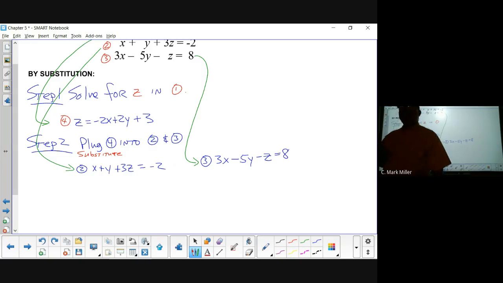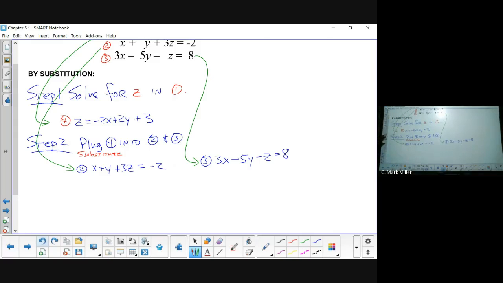There's a psychological thing about dropping negative signs. So up here, you see these negatives? Be sure down here you carried all of your negatives. So equation 2 only had the negative there. Equation 3 has negative 5y and negative z. Negatives tend to drift into positives, especially if they are a leading negative. So if I had a negative right there in front of that 3x, that would especially be something that you tend to drop as you copied it. So be aware of that.